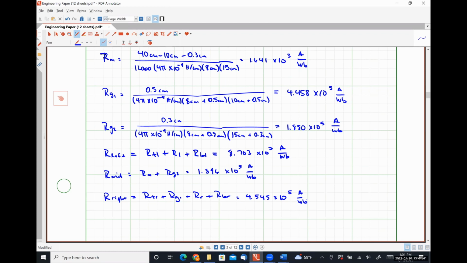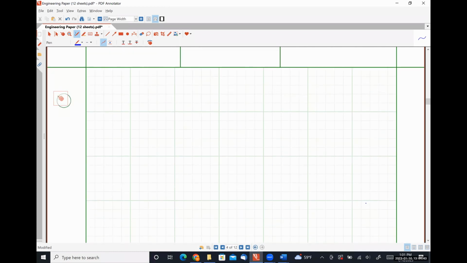Okay, so from here, I'm going to draw a little equivalent circuit. Here's our left. This is where my first coil is, so I'm just going to call this MMF1. Here's our mid.